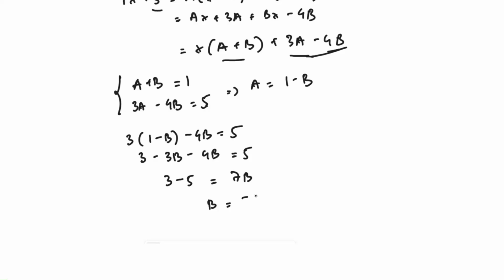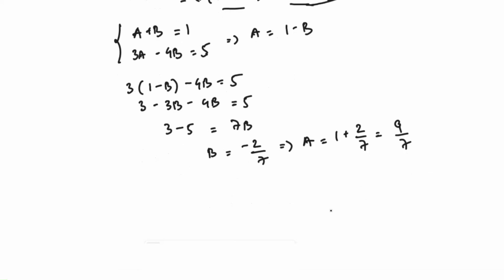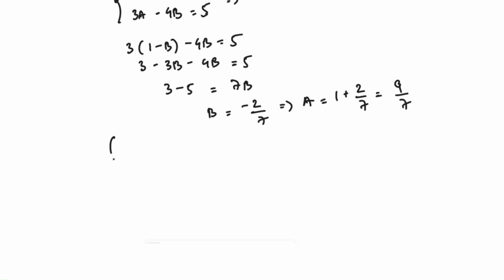So B equals negative 2 over 7, which means A equals 1 minus B, so that is plus 2 over 7, so it equals 9 over 7. So we have A equals 9 over 7 and B equals negative 2 over 7, right?